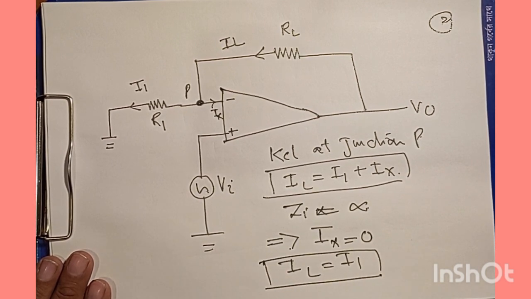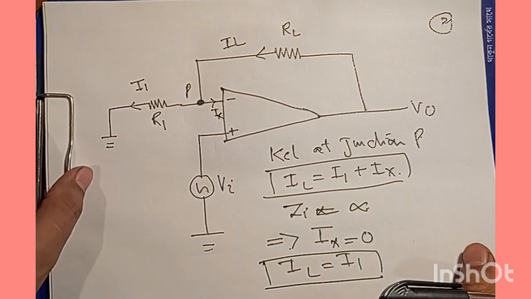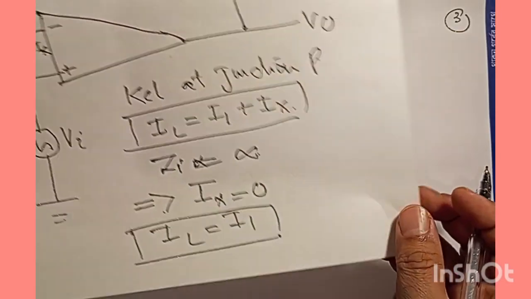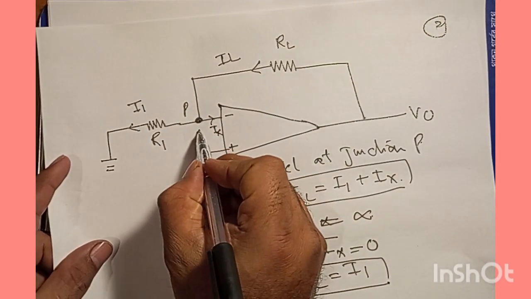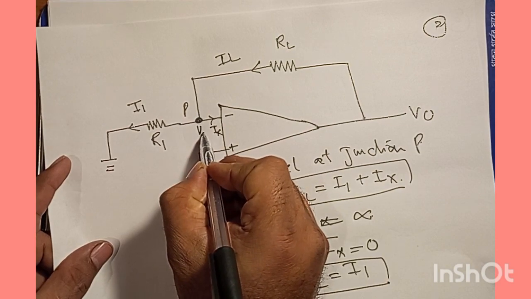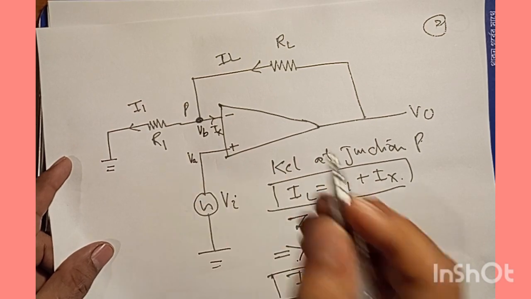Right. So now let's proceed and write down this equation in terms of voltage and resistance. Let's call it equation 3. We can immediately think of this IL as VO minus VB divided by RL, where let us assume that the potential at this point is VB, and here the potential is VA.